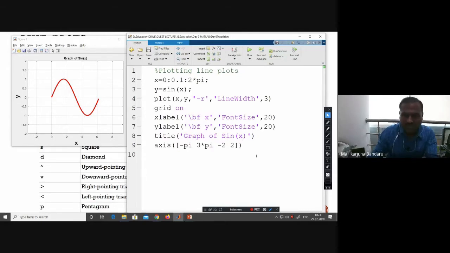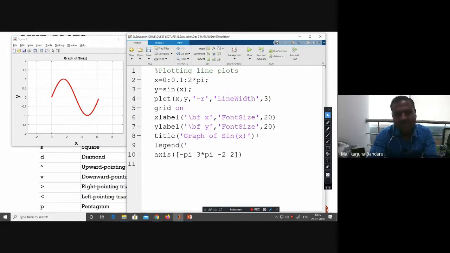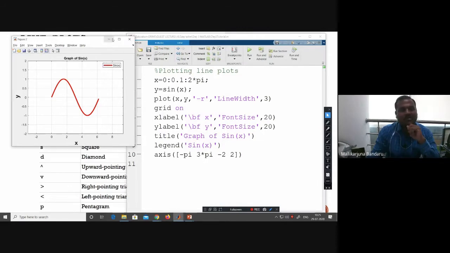So for that, we use the legend option. Legend. What is the curve? Actually, this is the sin x. Just feel it, what it is. You see, observe here, so the red color curve is nothing but the sin x.